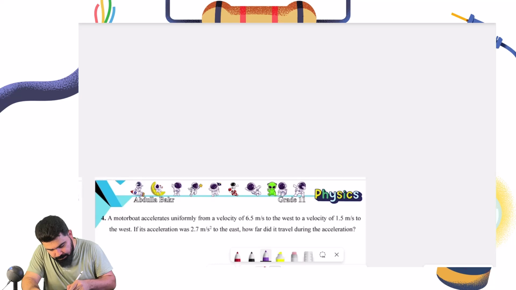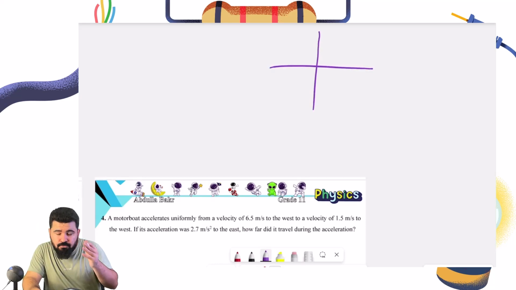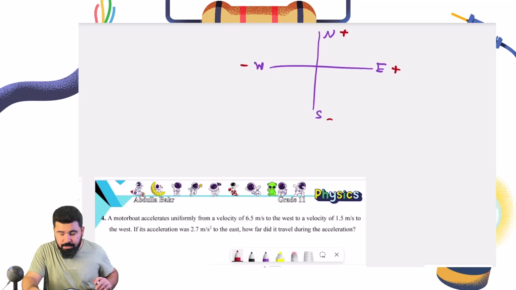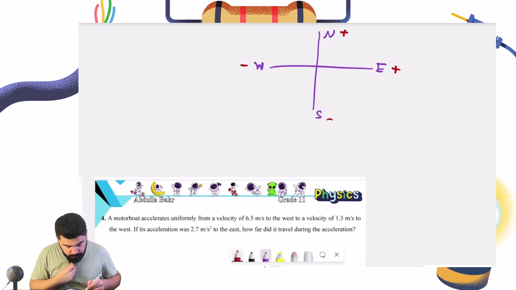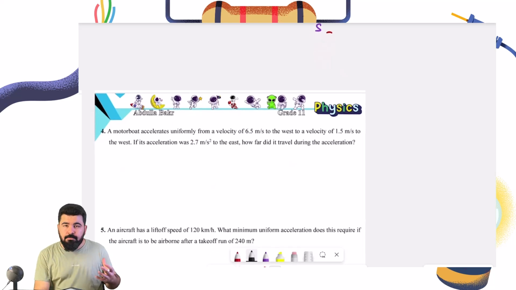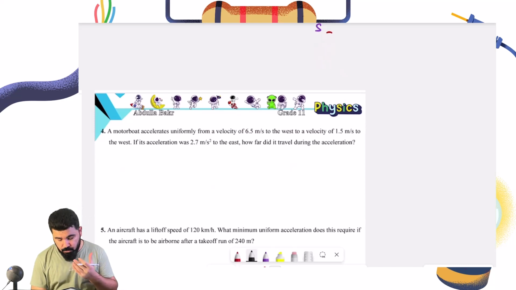Let me remind you something. We had 4 directions: east, west, north, and south. We could also say that this is positive, this is negative, this is positive, and this is negative. We could also use those directions too. So we have an object, a motorboat, which goes from 6.5 to 1.5.